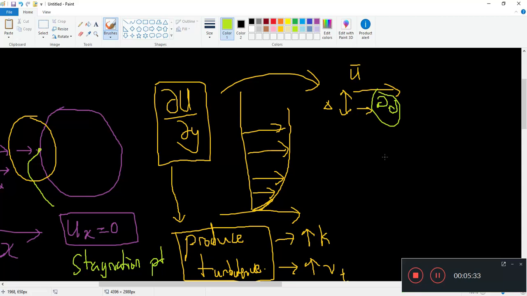the idea is that when you have a large velocity gradient or large strain, let me think of it like that. This is a very small length scale, and we can take the difference in velocity to be delta U. When you have this small length scale and then you have a large delta U, you can think of it like that.